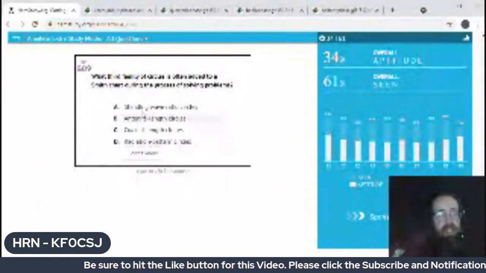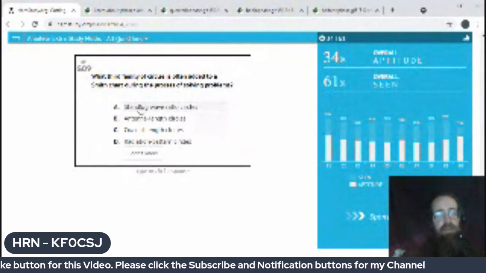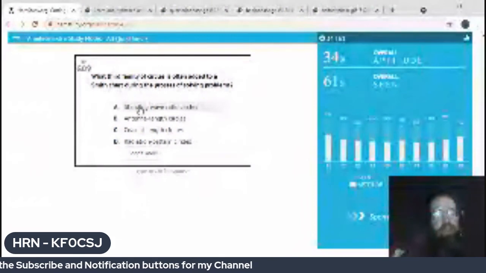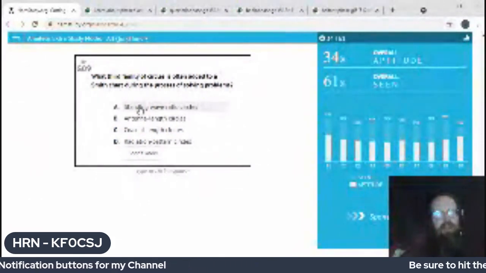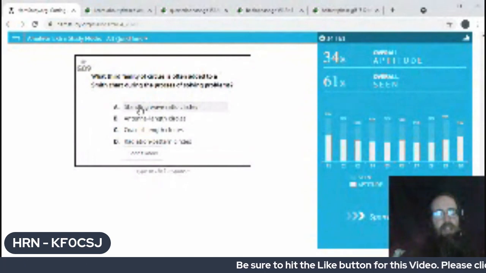I'm going to guess A, because that is what we typically are reading when looking at Smith charts with antennas, at least the entry level people.